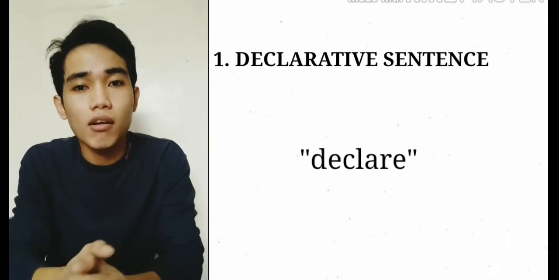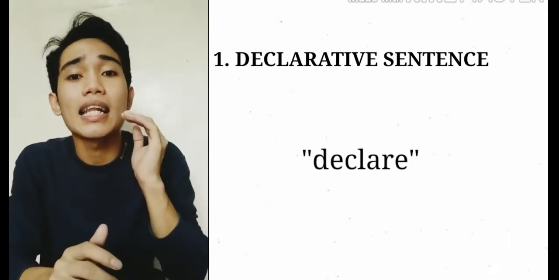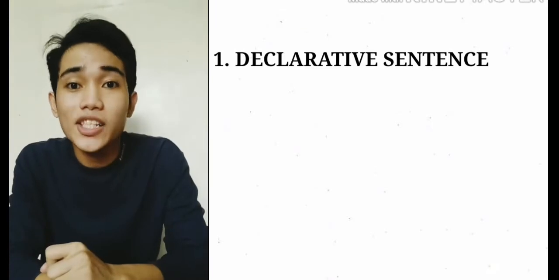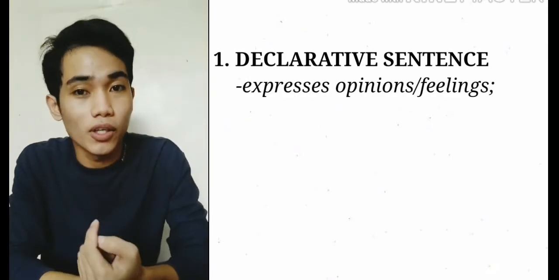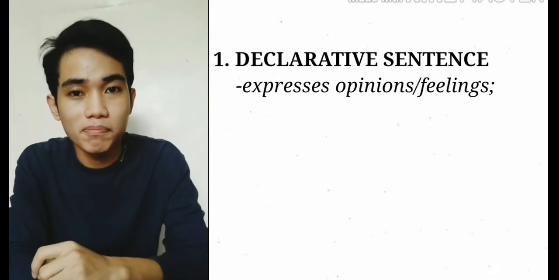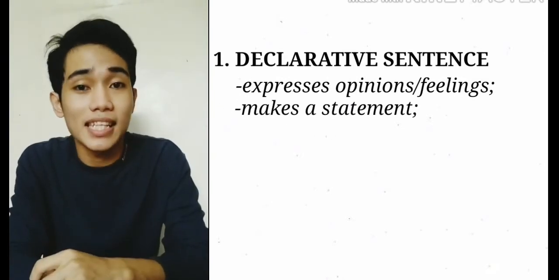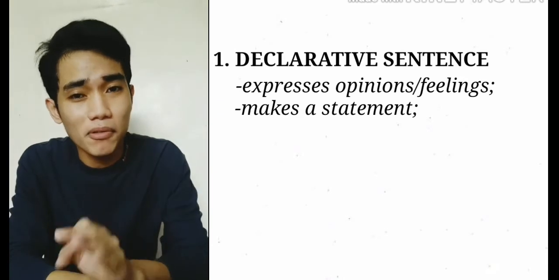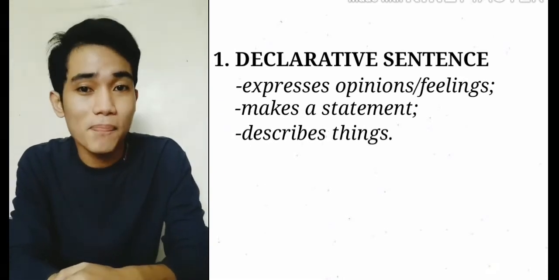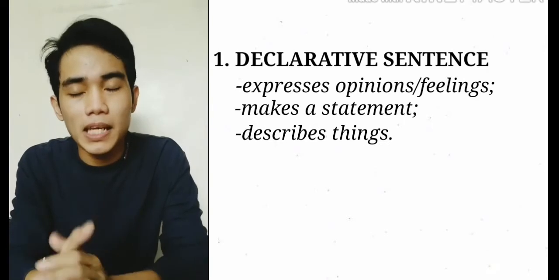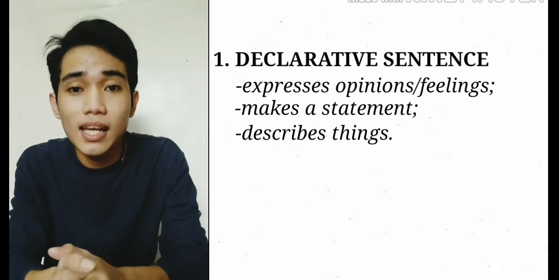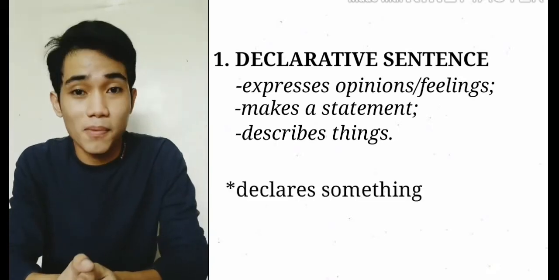A declarative sentence is an assertive sentence that simply, number one, expresses opinions or feelings. Number two, it makes a statement. And number three, it describes things. Simply, in other words, a declarative sentence declares something.